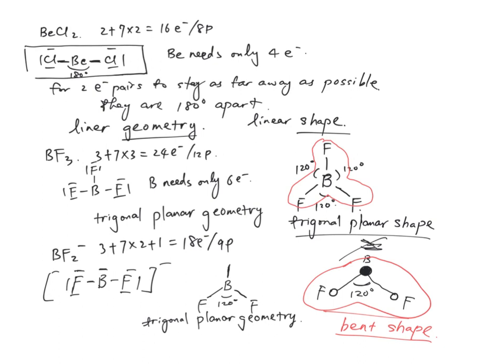Okay, so does that mean that however many electron pairs you have surrounding the central atom would totally determine the geometry and the shape of molecules? Not necessarily. Take beryllium: two single bonds, or two double bonds.